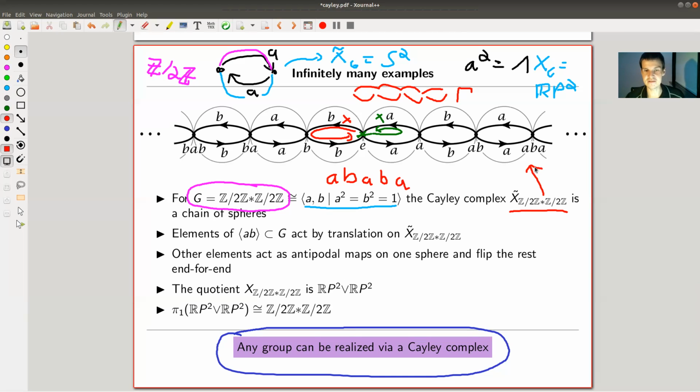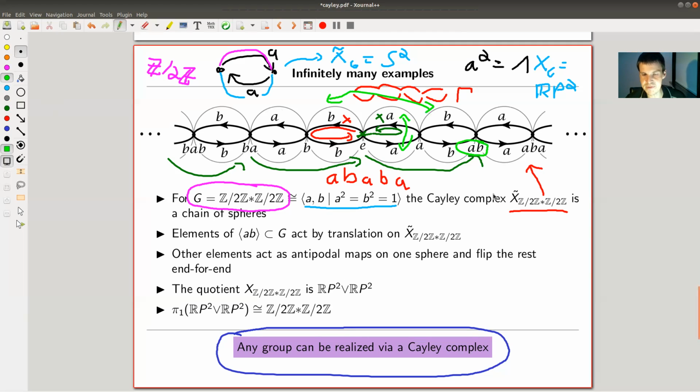And you can actually read off the action of the elements. AB is an easy element. AB is the action that shifts everything in this direction, for example, and everything else acts by an antipodal map and a reflection along the sphere. For example, the element A acts by an antipodal map here and by a reflection along the sphere.